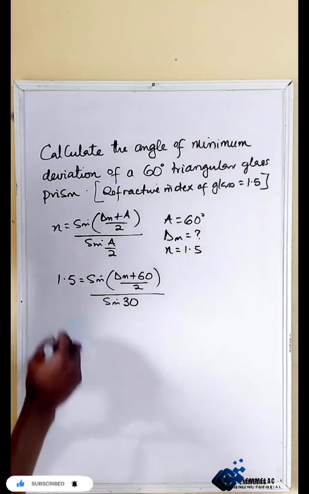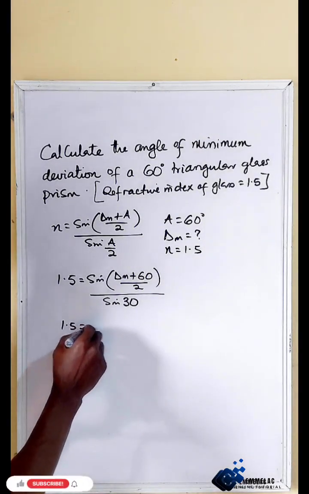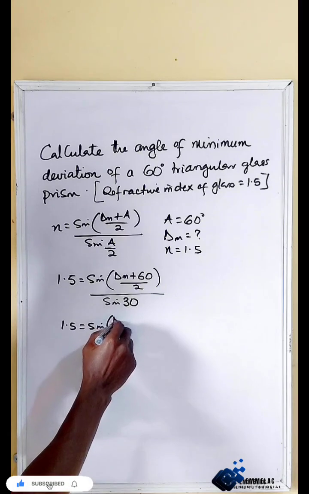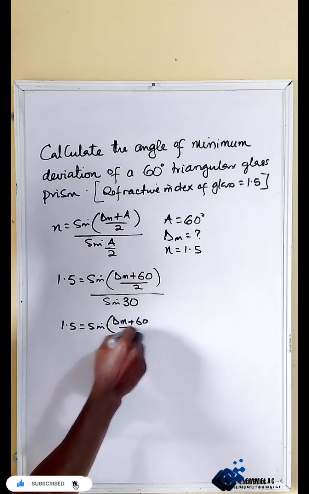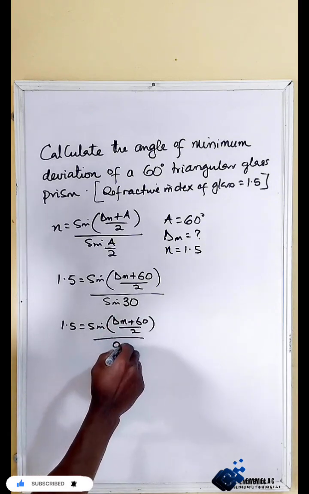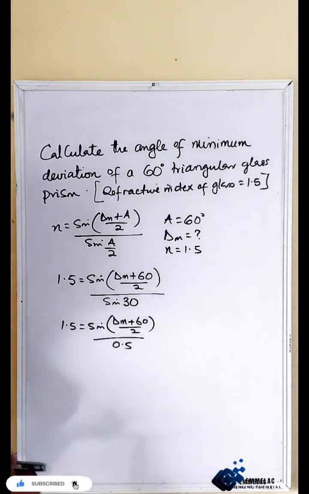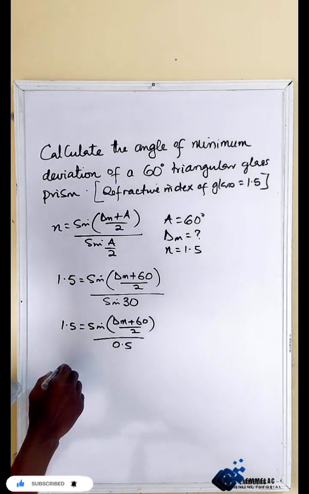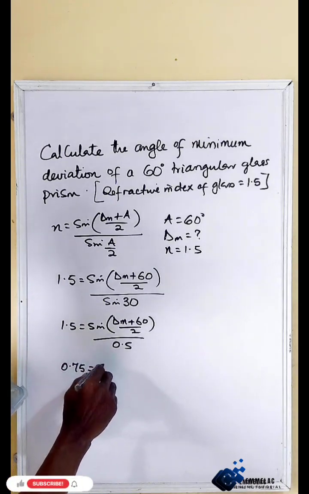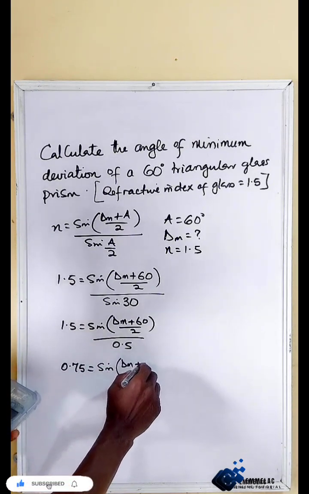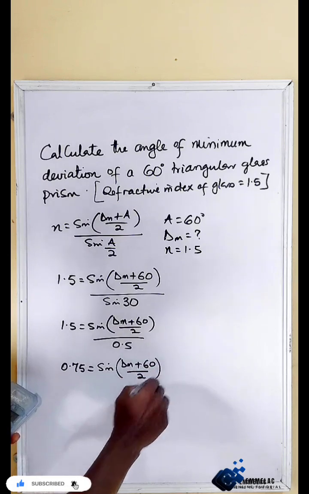So we can say 1.5 equals sine of (dm plus 60) all over 2, then all over 0.5. 1.5 times 0.5 should give us 0.75 when we cross multiply, so we have 0.75 equals sine of (dm plus 60) all over 2.